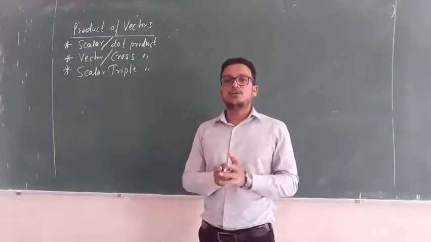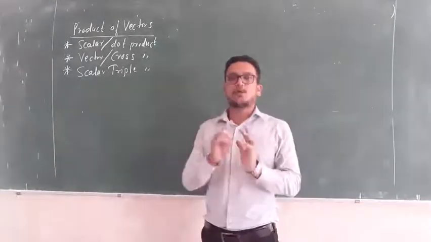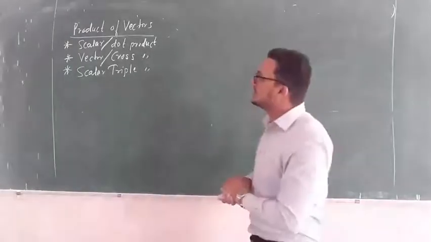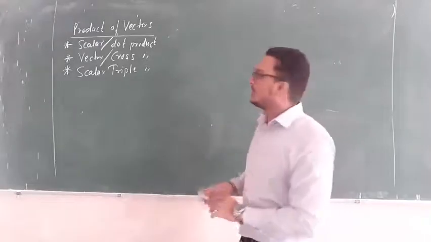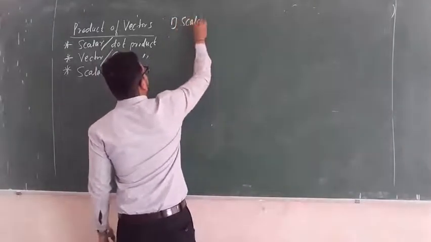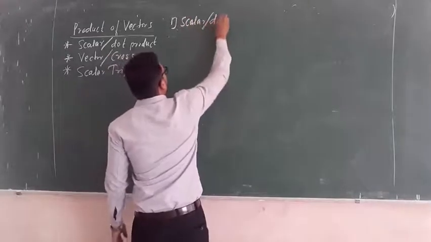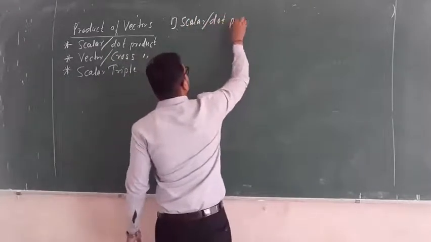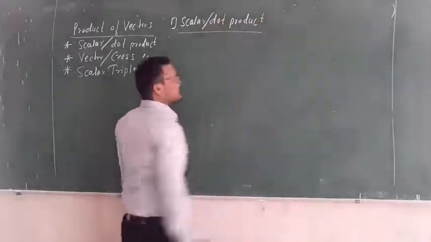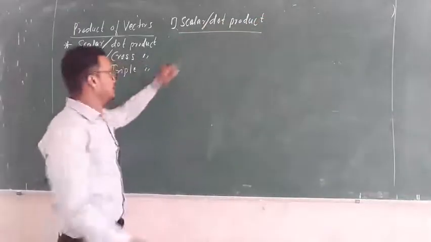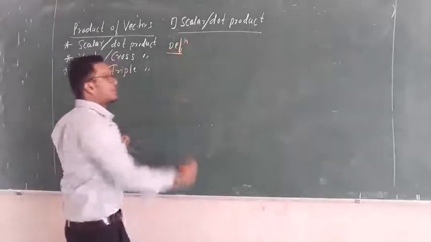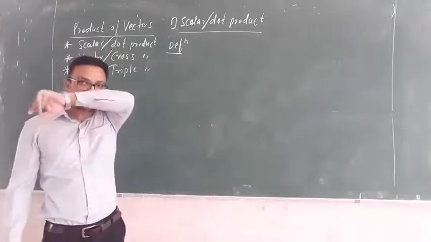You should not get confused between the observations or the properties of these three types. So let us study each type in detail now. First we will study the scalar or dot product. First we are going to see the definition of this, and then we are going to study the properties.